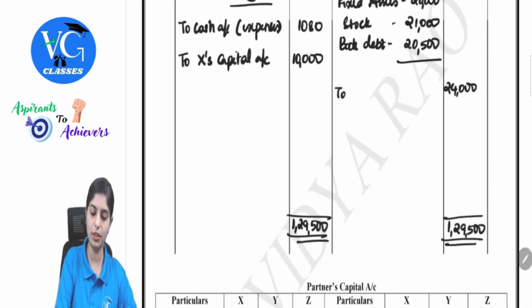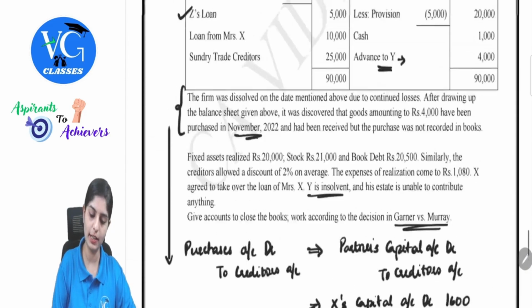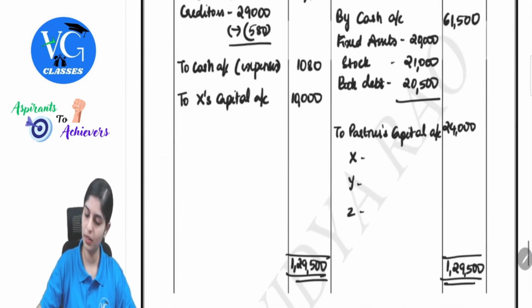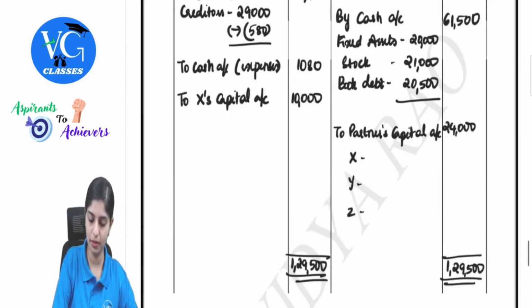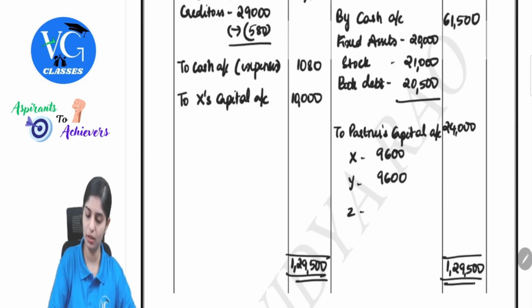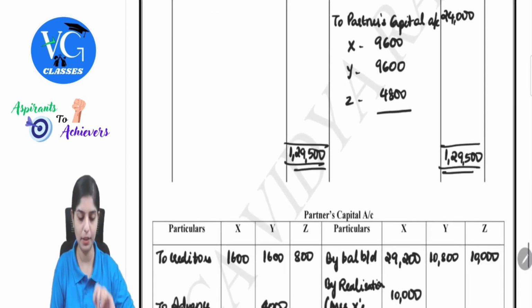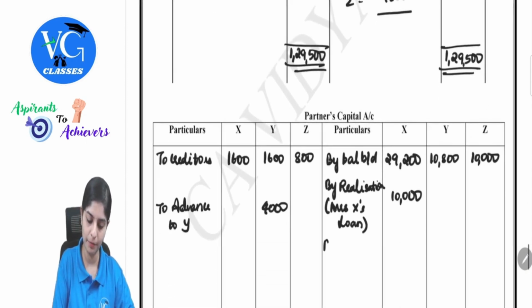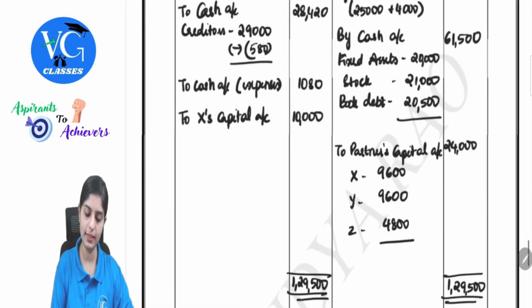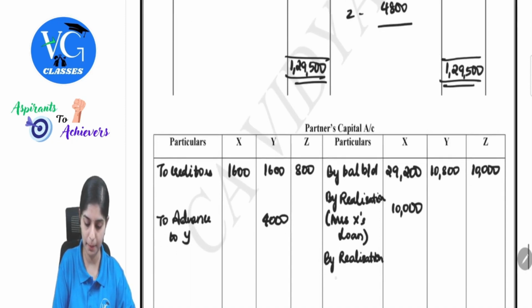24,000 will be transferred to partners capital, X, Y and Z. Their profit sharing ratio is 2 is to 2 is to 1, so 2 by 5 of 24,000 is 9,600, 9,600, and 4,800. So this will be transferred to partners capital, realization to partners capital.